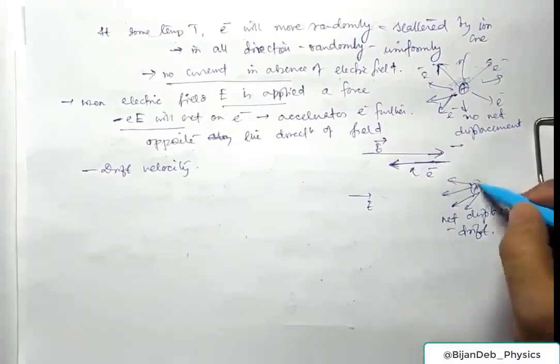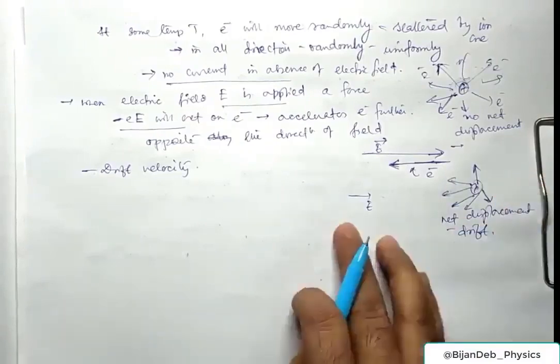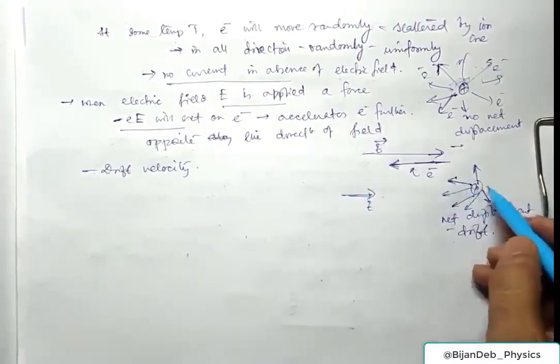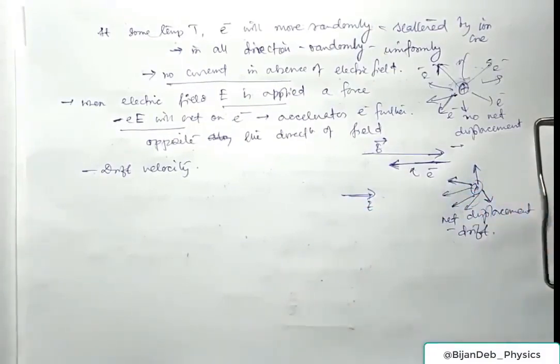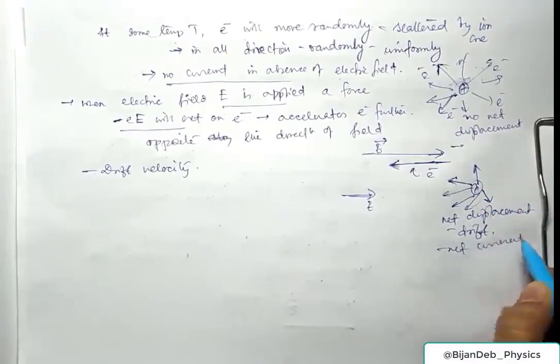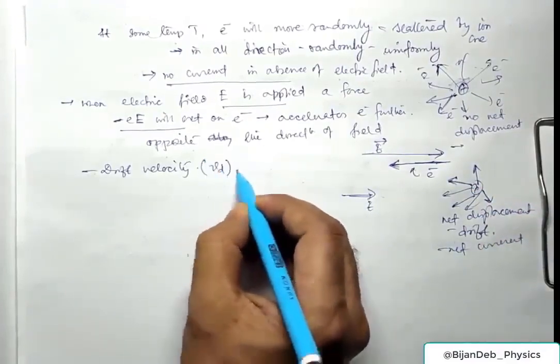Some will obviously get cancelled because not all electrons can follow the path opposite to the electric field. Some electrons will easily follow, so there will be no complete cancellation, a net displacement will be there, so a net current will be there due to the drift velocity, which we define as Vd.